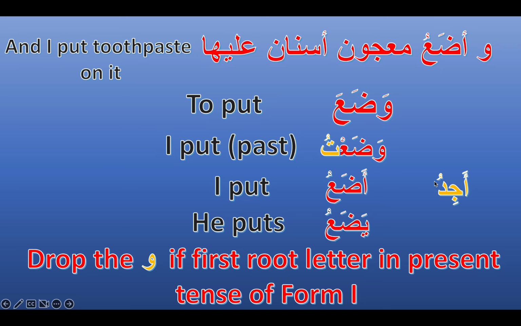But notice with wajada, I find is ajidu, but I put is ada'u, not adi'u. So the vowel changes depending on the verb. So sometimes it's ajidu, sometimes it's ada'u. So pay attention, you've got to learn it because some of them are conjugated with different vowels. So I put ada'u, he puts يضع, you put تضع.